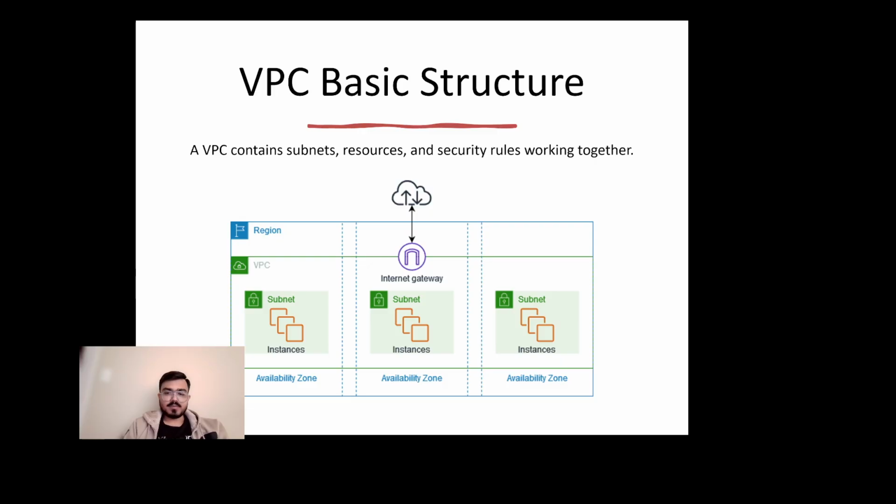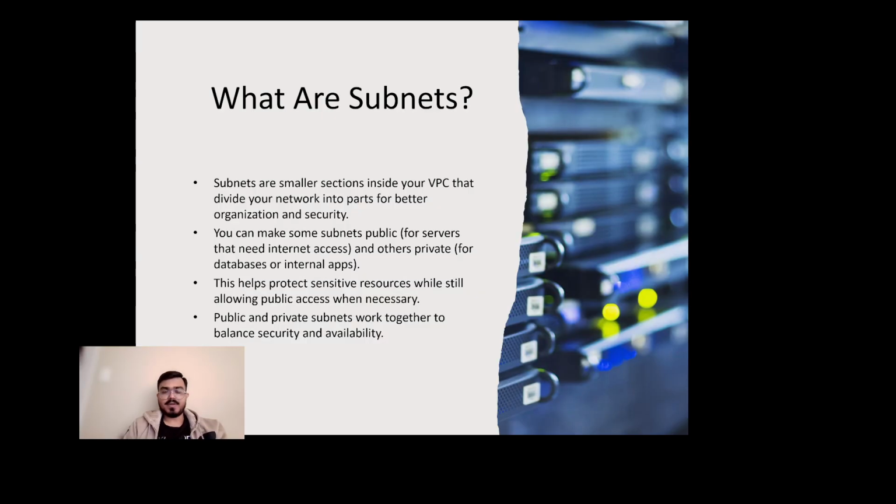That's your public subnet, and your bedroom is private. That's your private subnet. The locks on your doors, the security groups, decide who can enter which rooms. So basically, AWS networking is like managing your own house in the cloud: safe, controlled, and private.